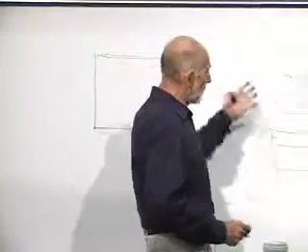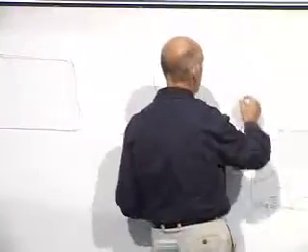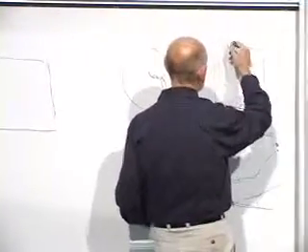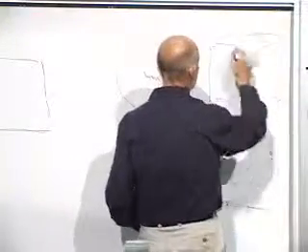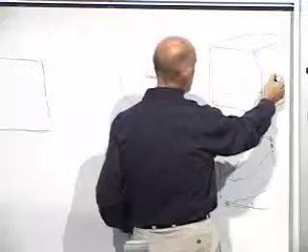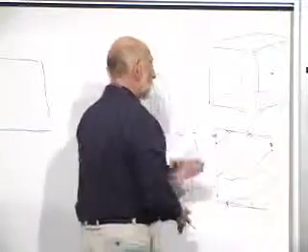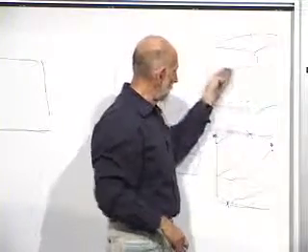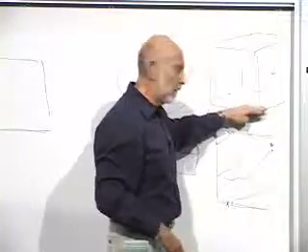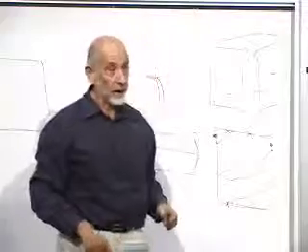Incidentally, there's the notion of a three-dimensional torus. A three-dimensional torus is just a cube with identifications. This face is identified with that face, the top is identified with the bottom, and the front is identified with the back.